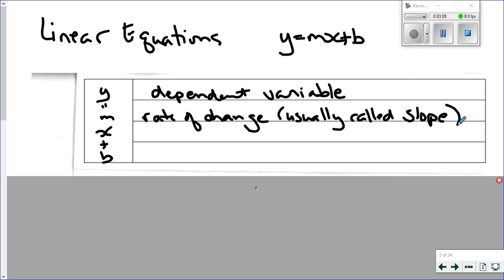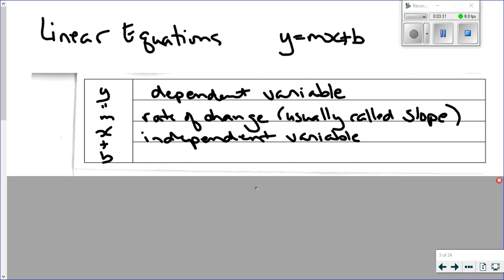X is our independent variable. And although there's a whole lot of variables in here, you got to remember that when we fill this in, y and x stay, m will be a number, b will be a number.